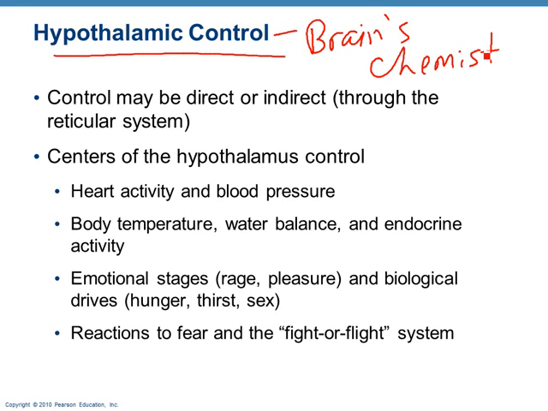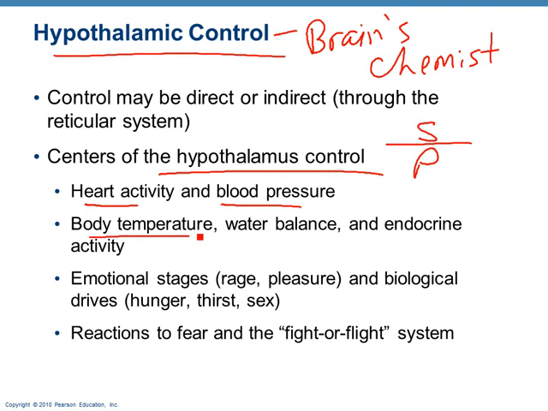So the hypothalamus will help to control sympathetic and parasympathetic, will innervate or send signals to sympathetic and parasympathetic neurons in response to changing heart activity, changing blood pressure, body temperature, water balance, emotion, biological drives, reactions to fear.